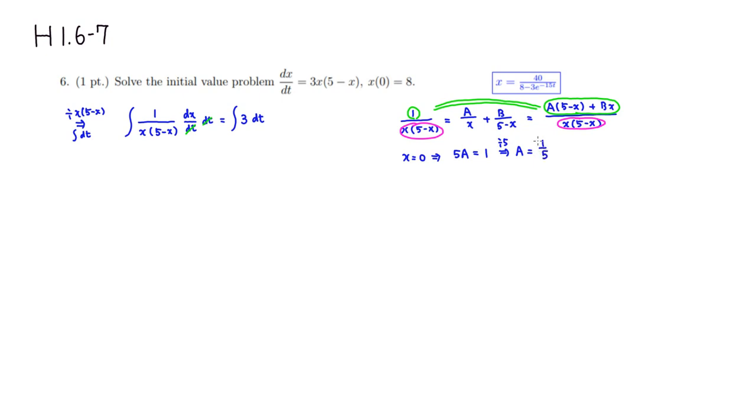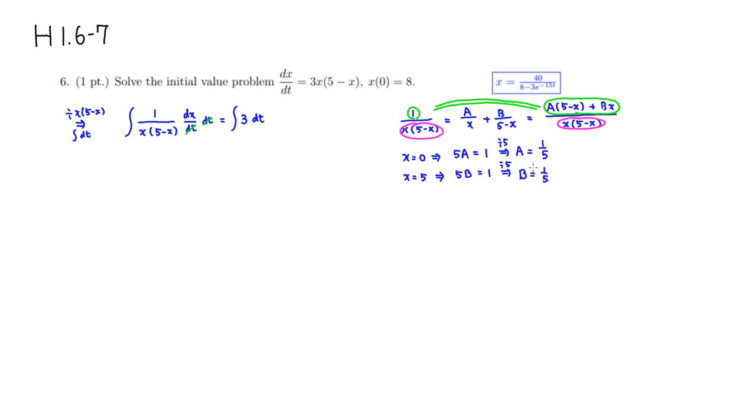Then if you want to find the b value, I'm going to plug in x equals 5. So if you plug in 5, that term is 0, and you have 5b equal to 1. So actually a and b are both equal to 1/5. So b is equal to 1/5.